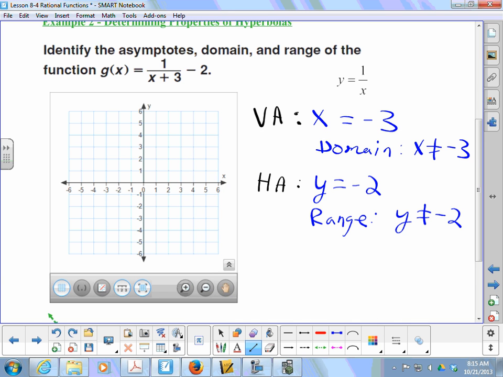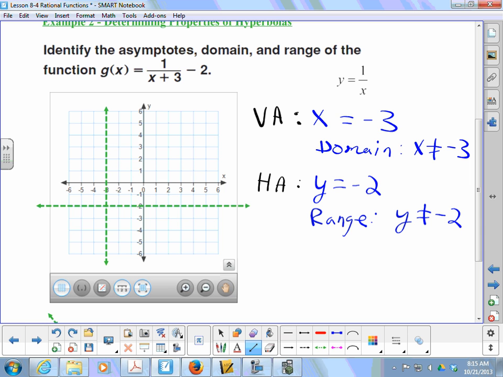It says I have a vertical asymptote at x equals negative 3. So I go to negative 3, and I'm going to draw a vertical line there. Okay? And this is a line that goes on forever. And I go to y equals negative 2, and I draw a line there, a dotted line. Okay, it's not a solid line, it's a dotted line.